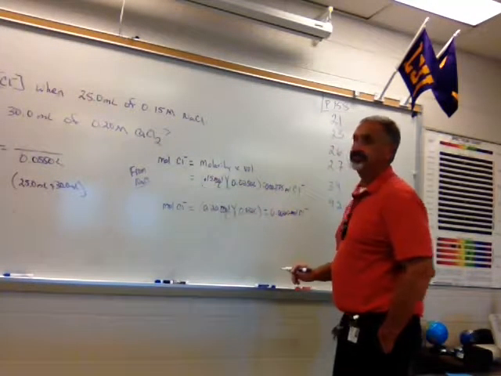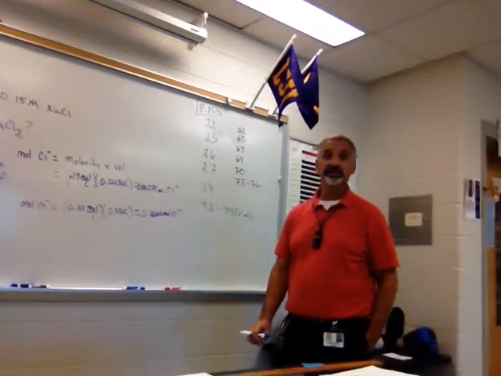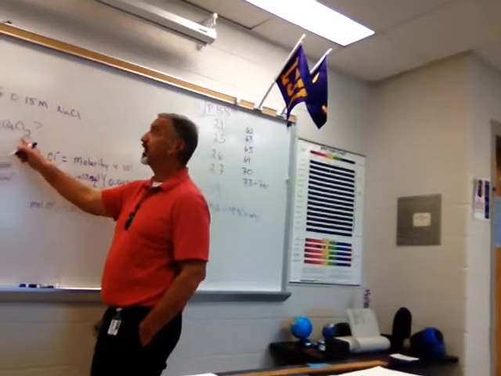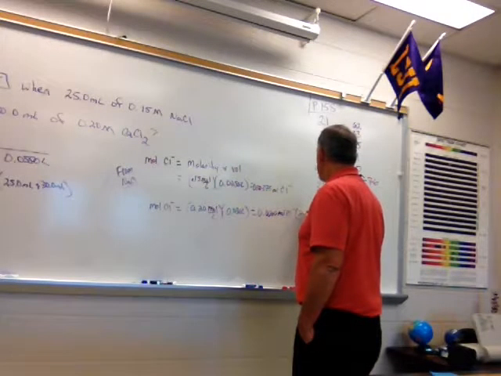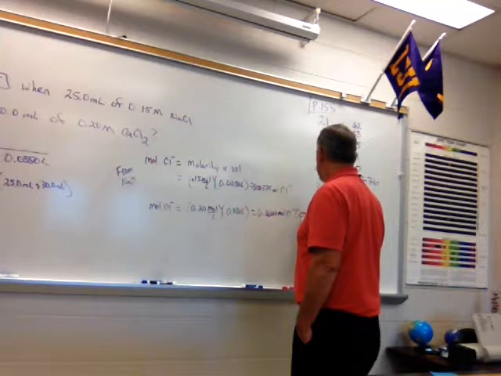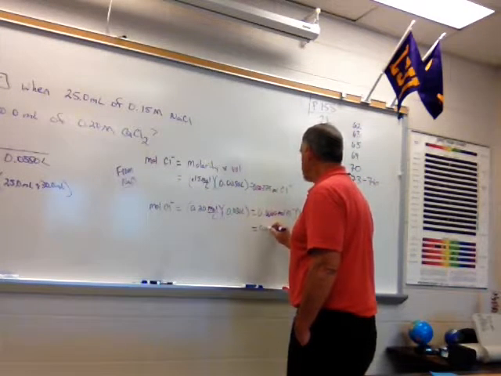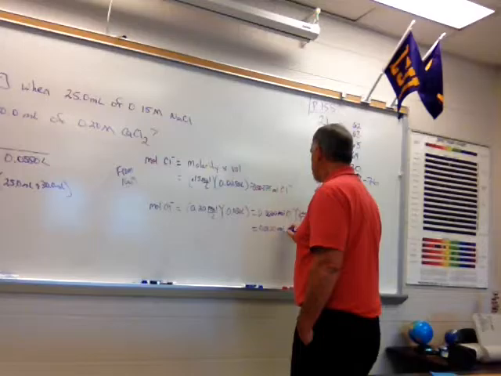But what do I need to do to that? Why double it? Because it's going to be 2 chlorides because it's CaCl2. So it's going to be times 2 moles over 1. So it's going to equal 0.0120 moles of Cl minus.